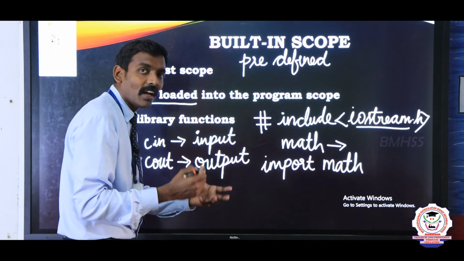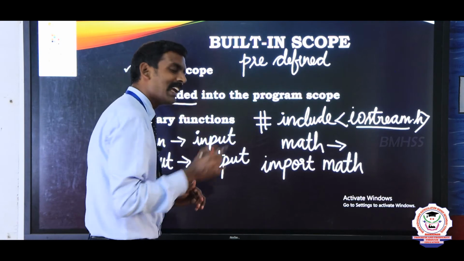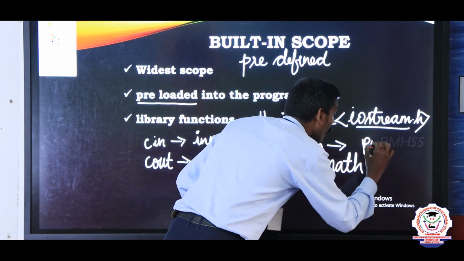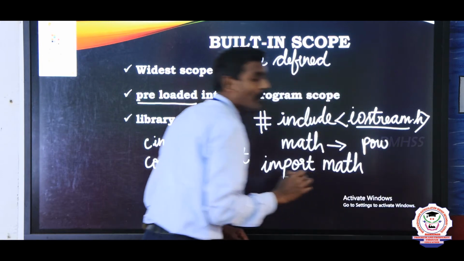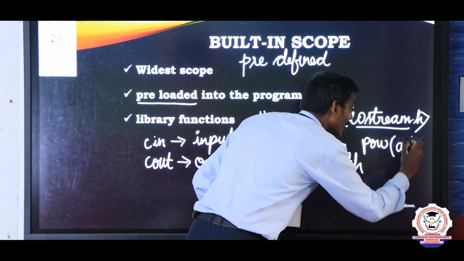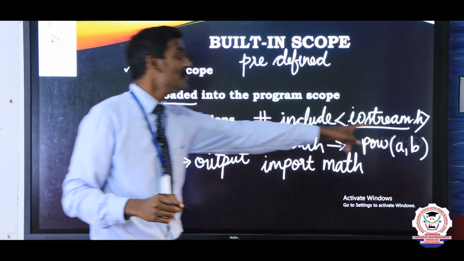We can use some built-in mathematical functions. What are the built-in functions? Example only we can see. We have pow. pow is a function which has two parameters, a comma b. Here a is the base value and b is the power value.